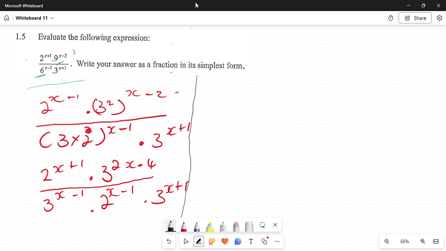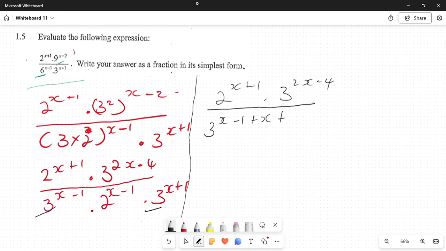It's gonna be 2 to the power x plus 1 multiplied by 3 to the power 2x minus 4, all divided by, we're gonna work out these ones with the same base, which means it's gonna be 3 to the power x minus 1 plus x plus 1, because according to the law of exponents, if you are multiplying numbers of the same base, you add their exponents.